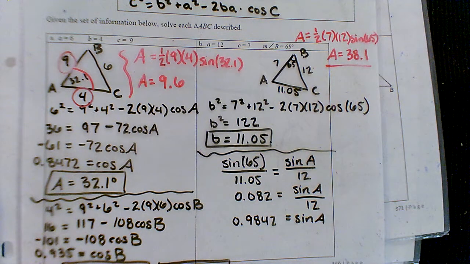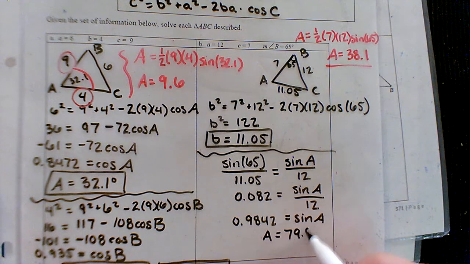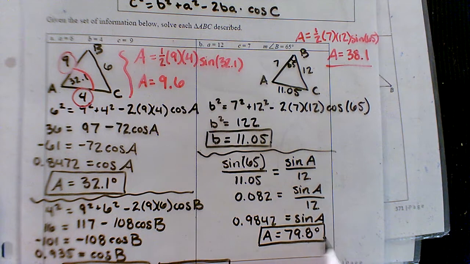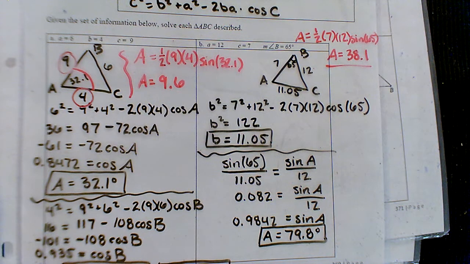We have 0.9842. And then move the sine over using an inverse. Looks like angle A is 79.8 degrees. If you would have used law of cosines, you still would have got the same result. Okay, you have options. Sometimes that's the tricky part. Okay, which method do you want to use?